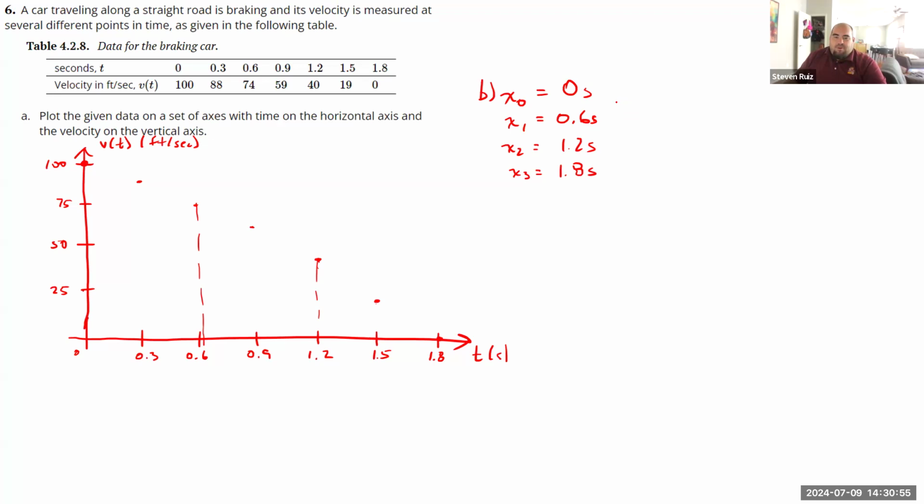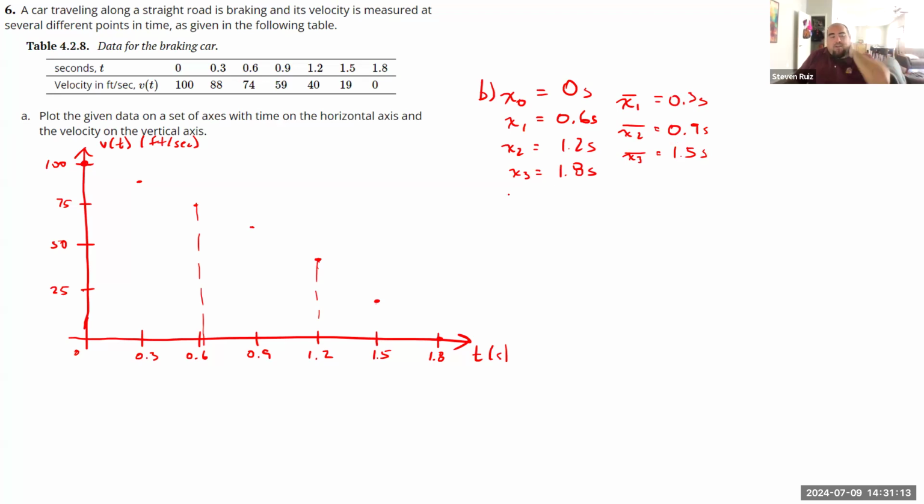Which means my midpoints are what? x1 bar is equal to 0.3 seconds. x2 bar is equal to 0.9 seconds, and x3 bar is equal to 1.5 seconds.